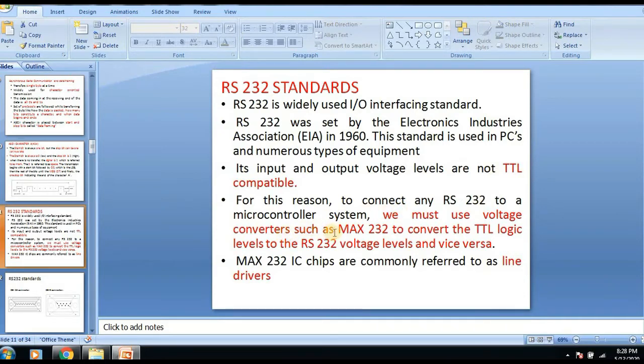One such converter is the MAX232, which is also called a line driver. So this MAX232 must be used to convert the RS-232 voltage levels to TTL voltage levels, because our 8051 is TTL compatible.